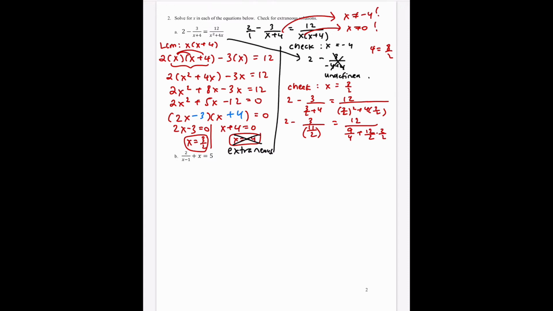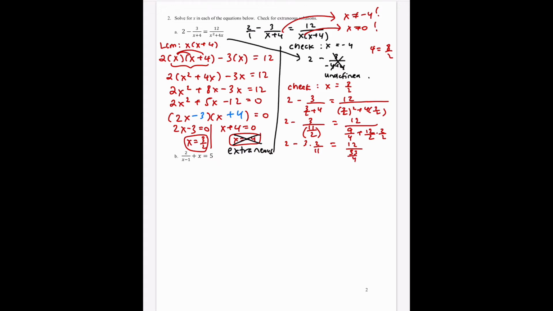Okay. So over here, it'll be 2 minus 3 times 2/11, because we're multiplying by the reciprocal. And over here, it'll just be 12 divided by 33/4, since 9/4 plus 24/4 is 33/4.